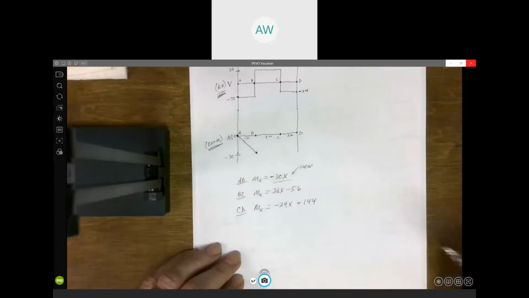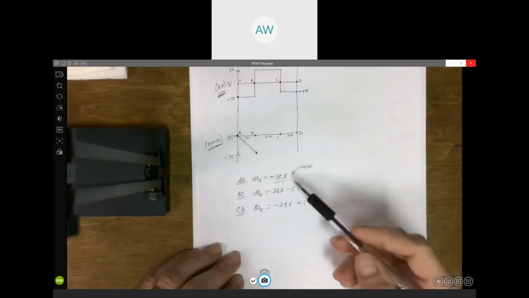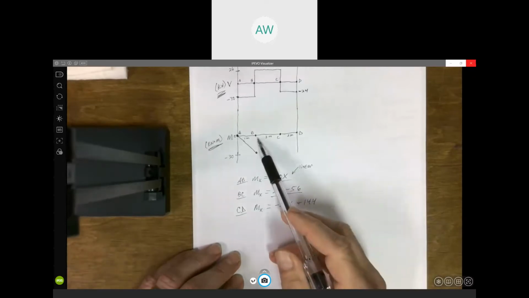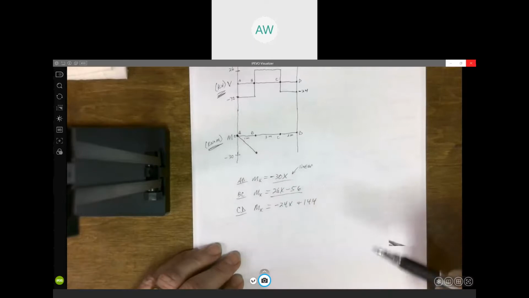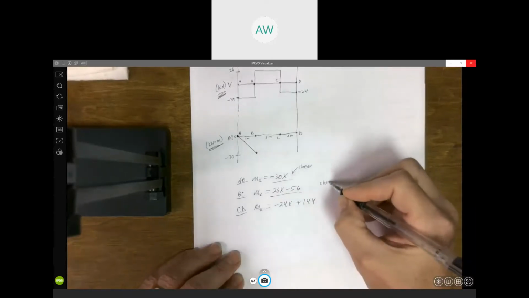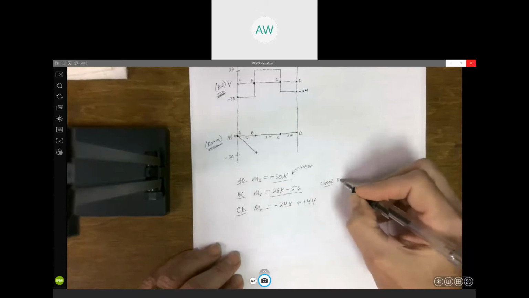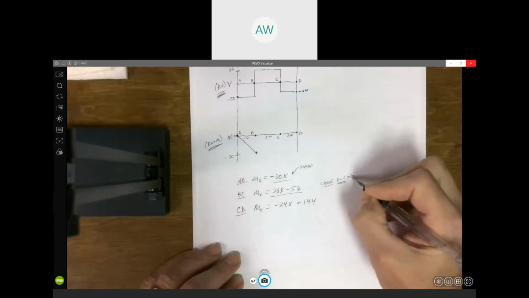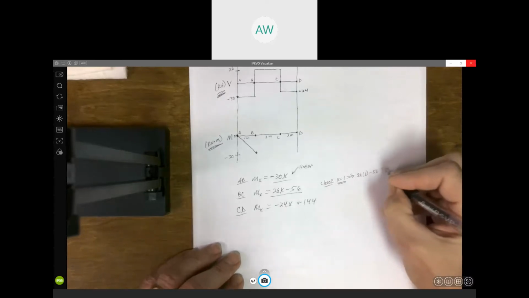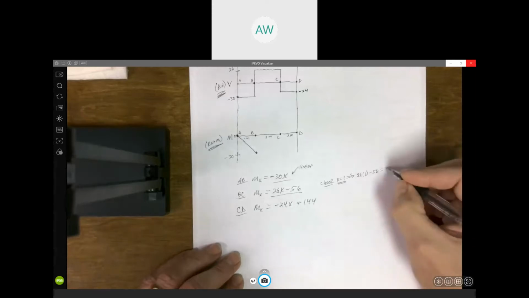All right. Any question how I got this part of the graph? Now, one thing you should always check is this moment equation for BC: when x is 1, it's where these two meet. They should give you the same value. So always a good idea to check here. When x is 1, what do I get? 26 times 1 minus 56 is minus 30.